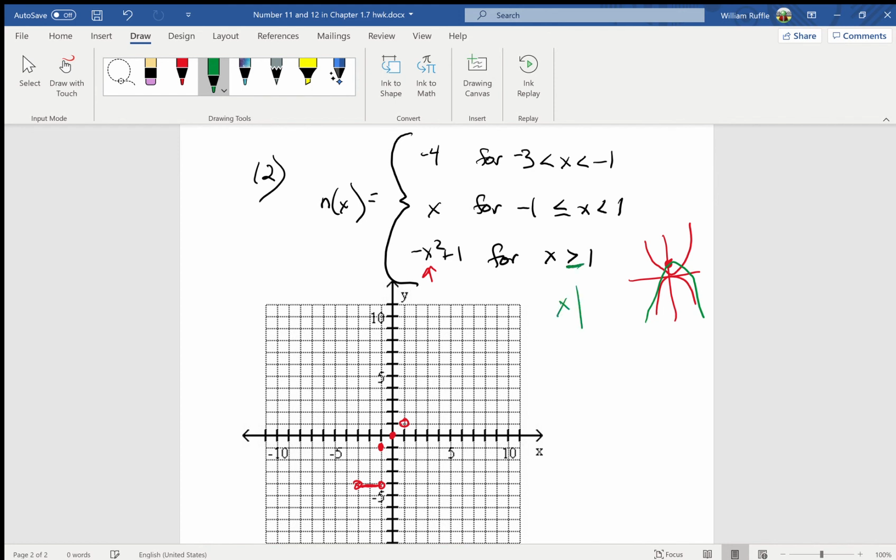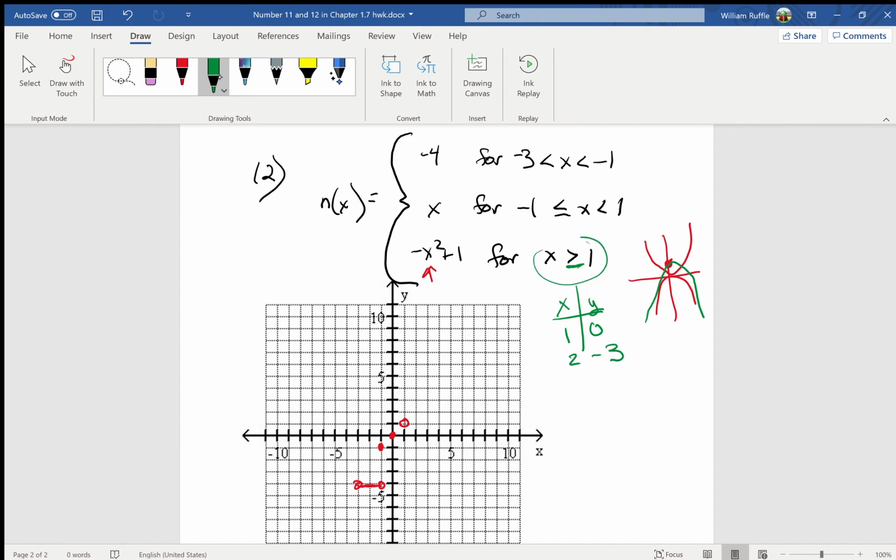So let's just do a mini chart here, because we're going to start at 1. Now, when I put in 1, 1 squared is 1, negative 1 plus 1 is 0. I put in 2. 2 squared is 4, negative 4 plus 1 is negative 3. Now remember, the vertex is really 0, 1 in here, but I don't want to draw it there because x has to be greater than 1.